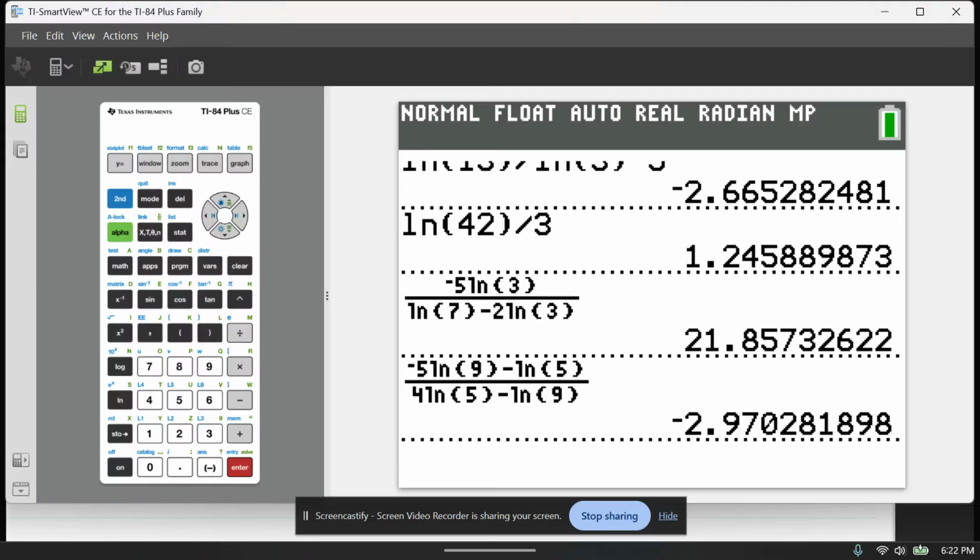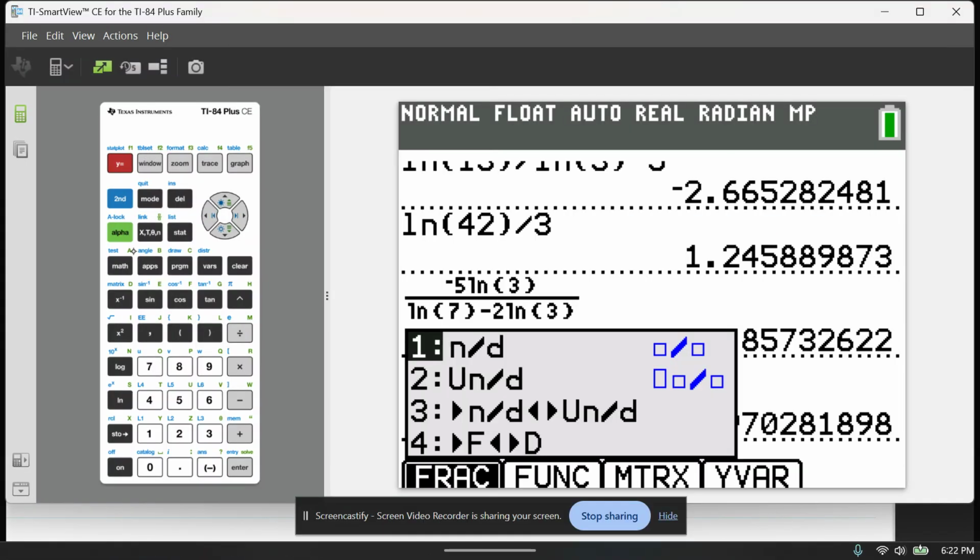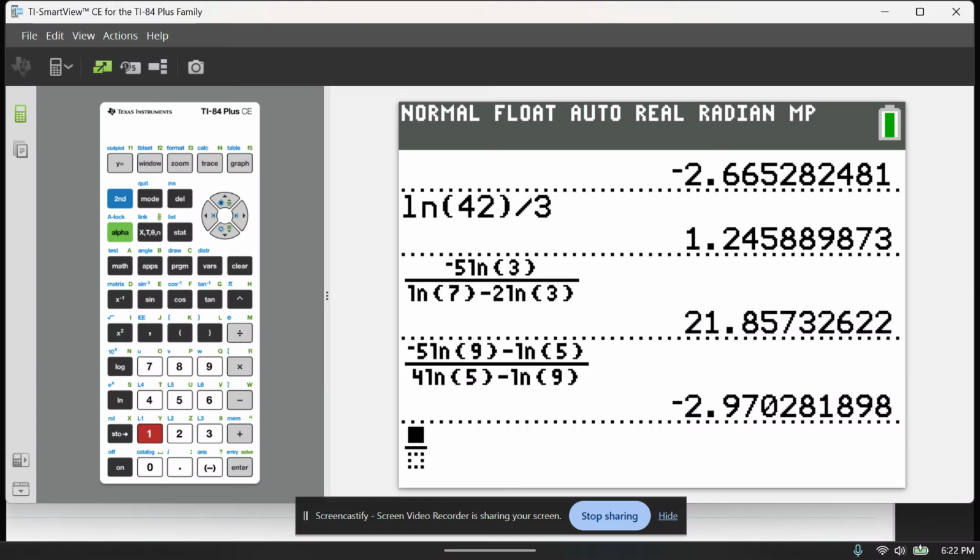So I'm going to use the fraction button again. Alpha y equals. First option, I had natural log of 5 plus 1. Right, yeah. And then I had a 5 on the bottom.